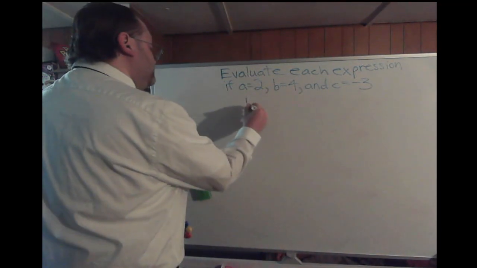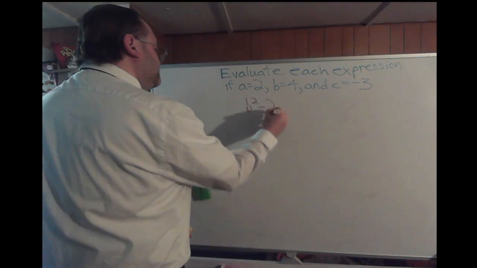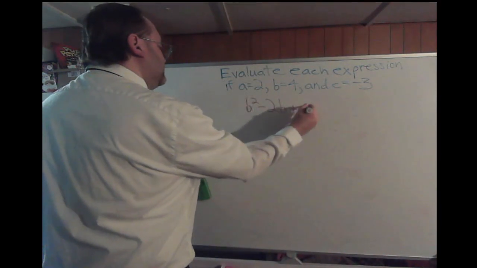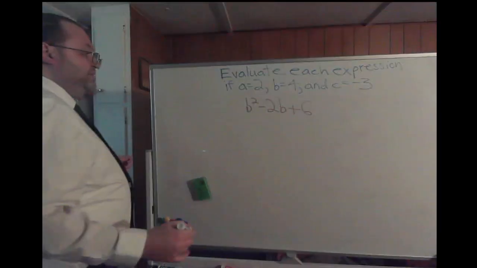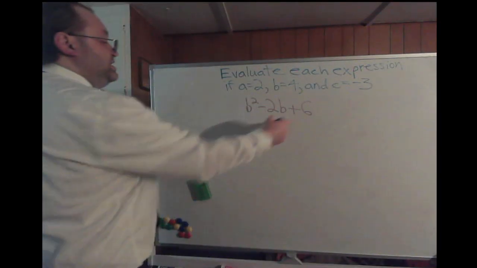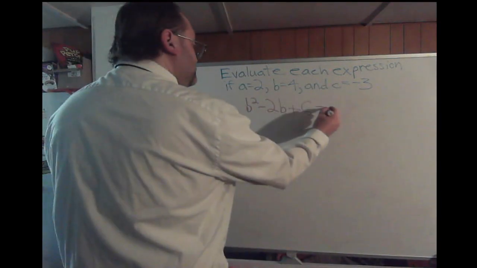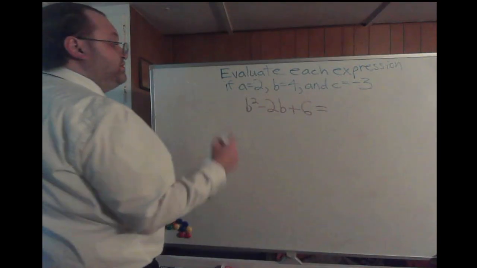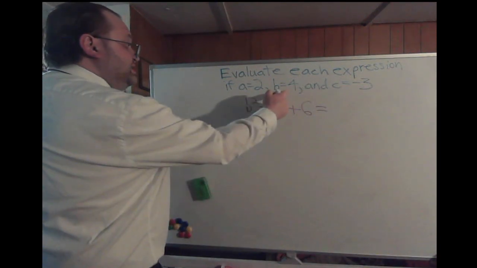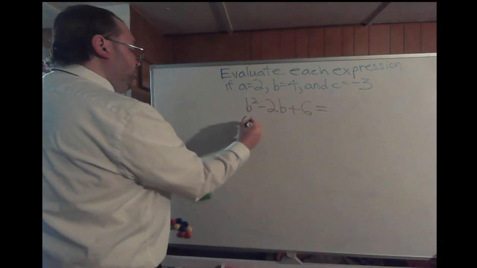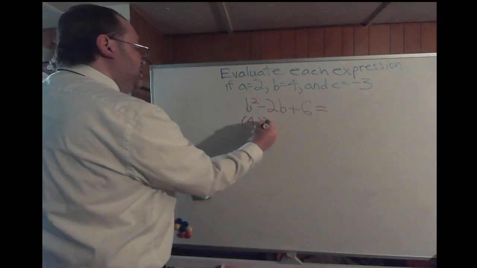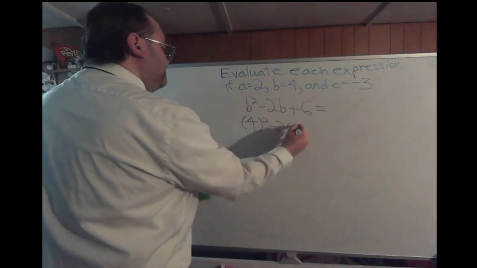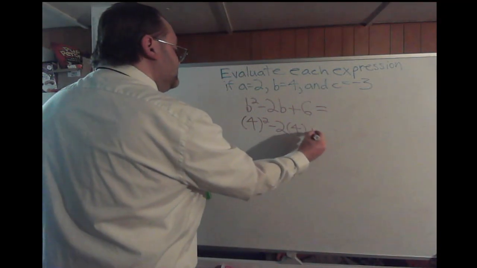Alright, we got b squared minus 2b plus 6. Of course substitute in whatever the value of b is for b. In this case it's 4. You would have 4 squared minus 2 times 4 plus 6.